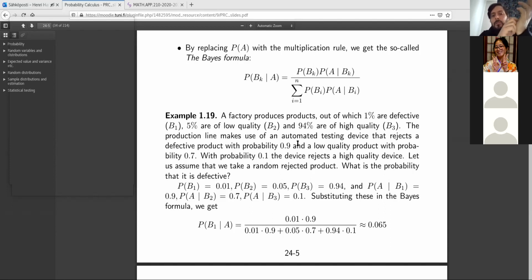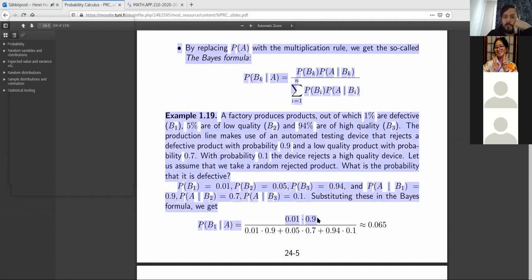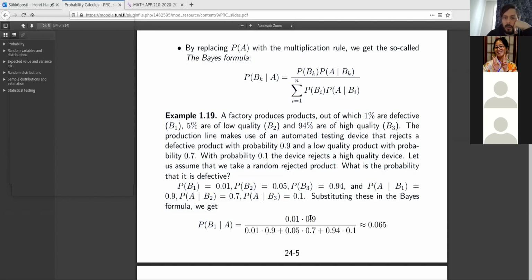So we can substitute these in the Bayes formula. The probability of being defective is 0.01, and the probability of being rejected if defective is 0.9.